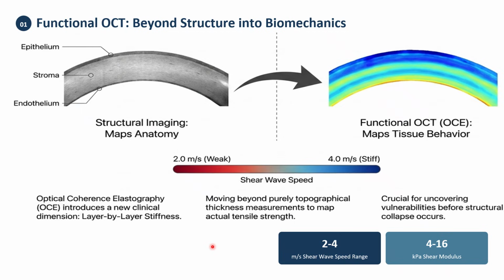So this is a tremendous, paradigm shift from the assessment of the structure toward the assessment of the function. Similarly here, this is the traditional classical OCT that assesses the thickness of the epithelium, stroma, and everything. But now, by this OCT elastography, we convert this into a shear speed map. In this map, each color represents the stiffness of each layer, and surprisingly they found that there is a steep gradient of stiffness from the superficial part of the cornea toward the deep part.